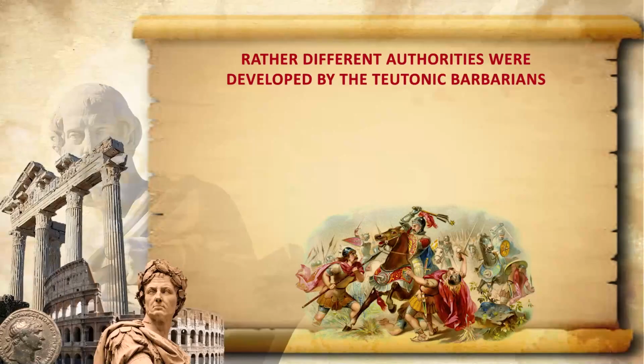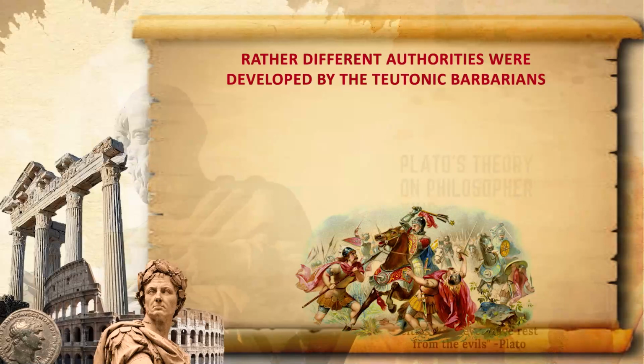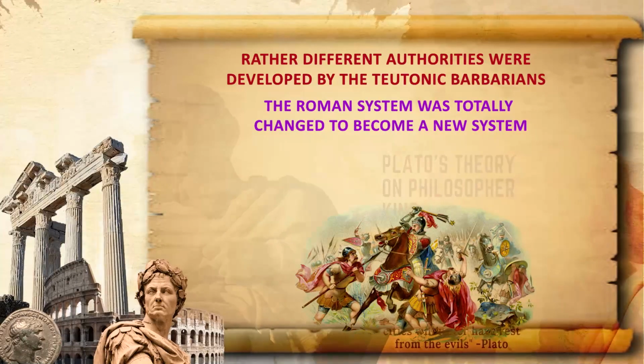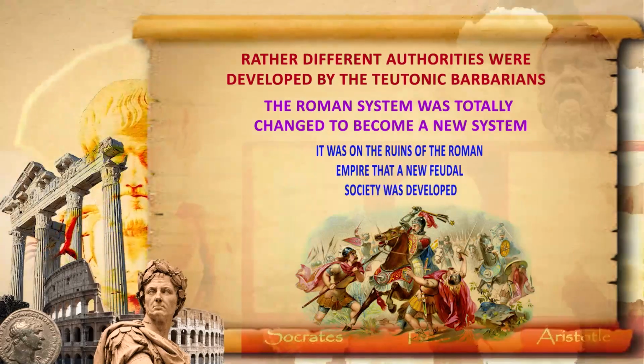These Teutonic barbarians had their own system. They were basically tribes, and they did not have a single authority. Rather, different authorities were developed by the Teutonic barbarians, and the Roman system was totally changed to become a new system.